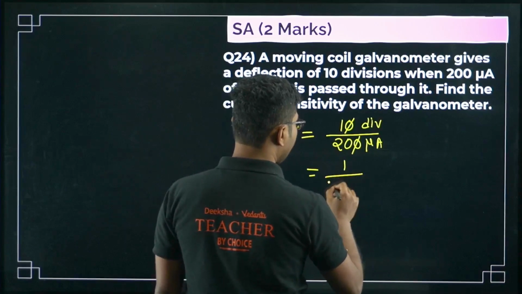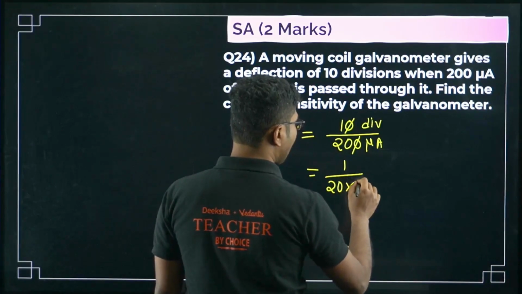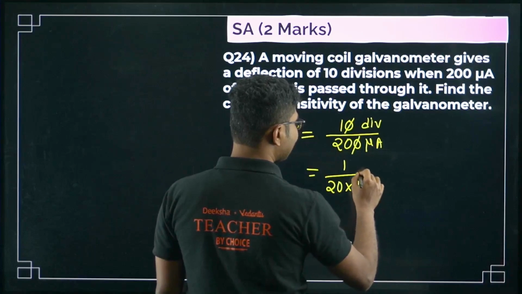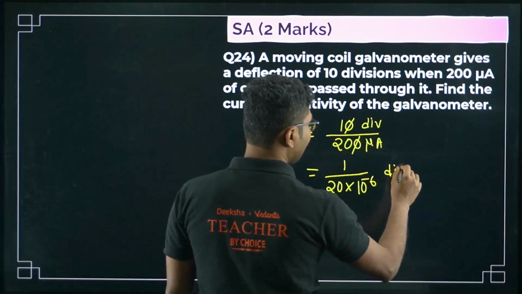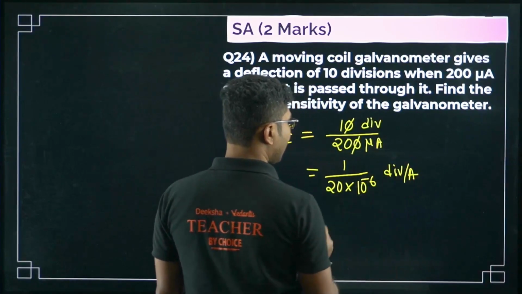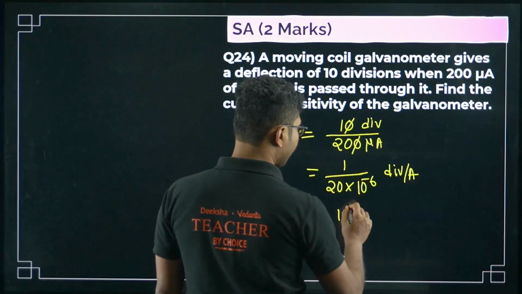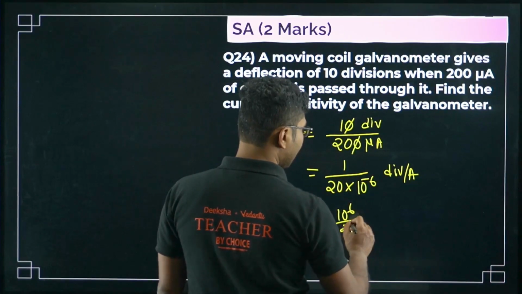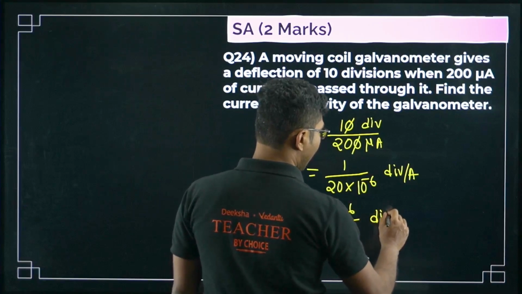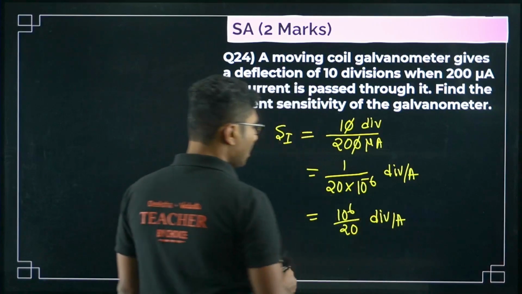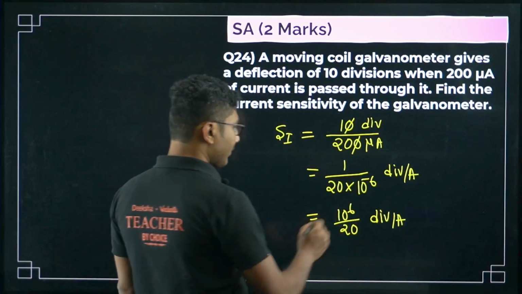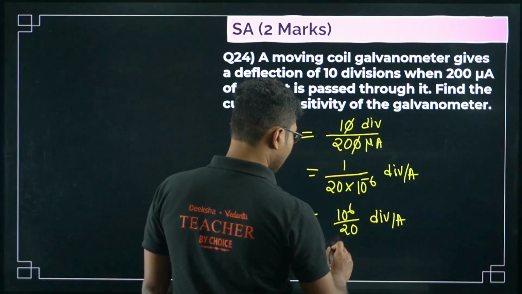So what we have to do, one divided by 20 microampere, right? Micro means 10 to the power of minus 6, division per ampere. Or this 10 to the power of minus 6 will go up, so 10 to the power of 6 divided by 20 division per ampere. You have to divide this 10 to the power of 6 in two parts.